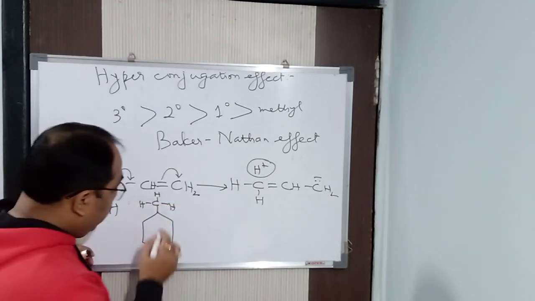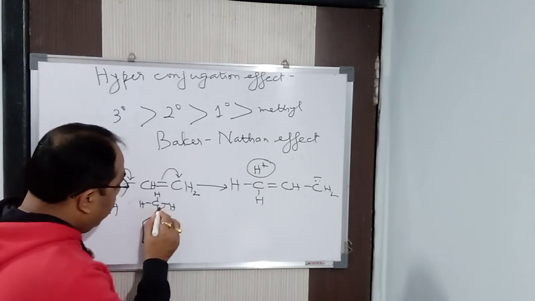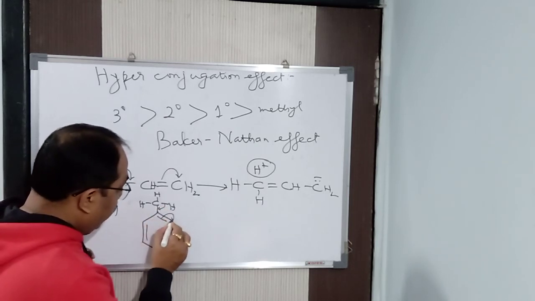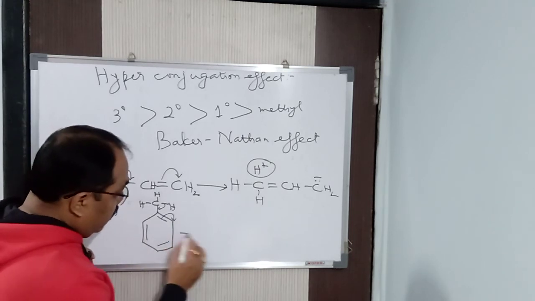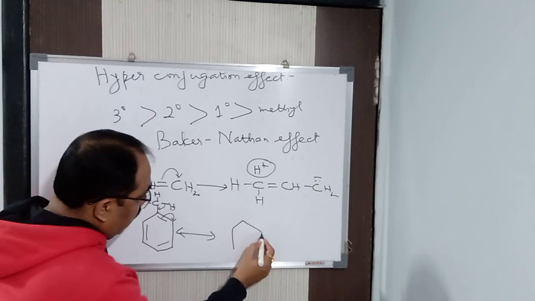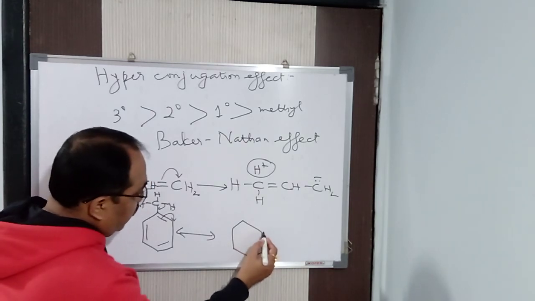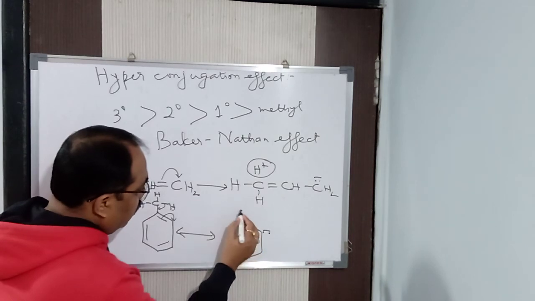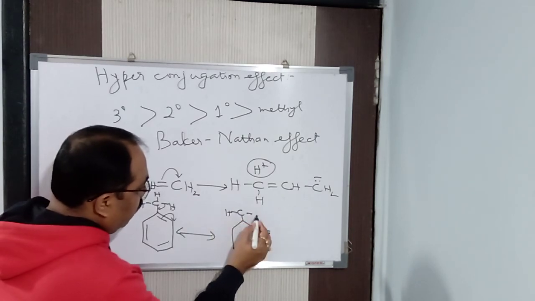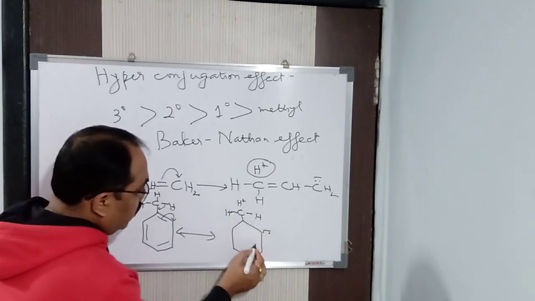So now here what will happen, this is your benzene. Now this pair of electrons will come here, so this pair of electrons will go outside. So as a result, a canonical structure you will get here. Here this pair of electrons, you can see this carbon hydrogen, and this H plus ion is attached to it.